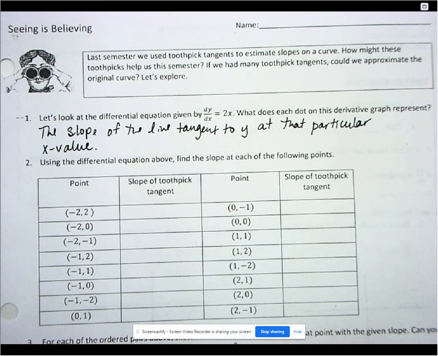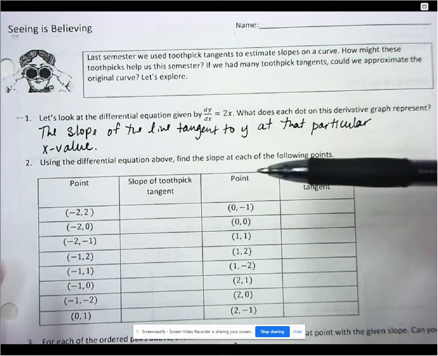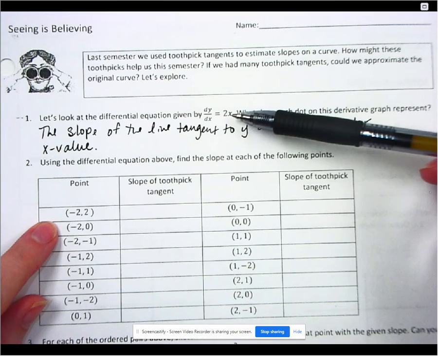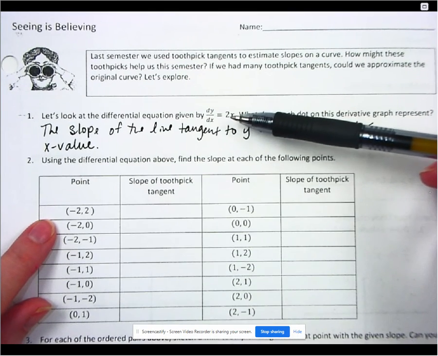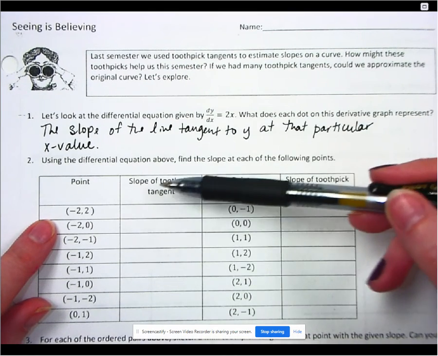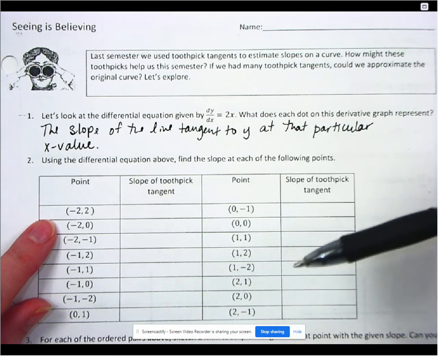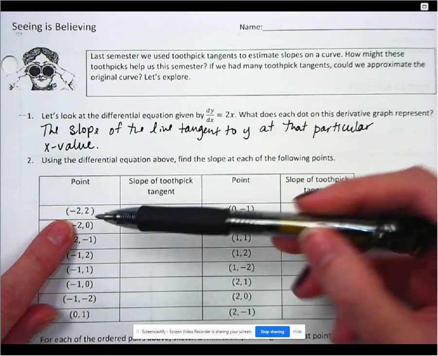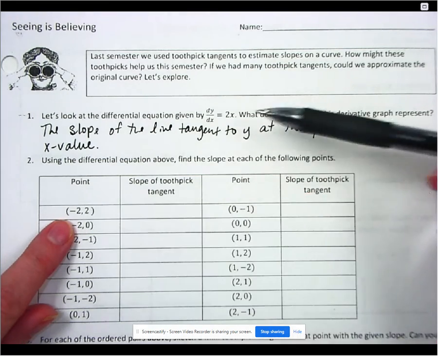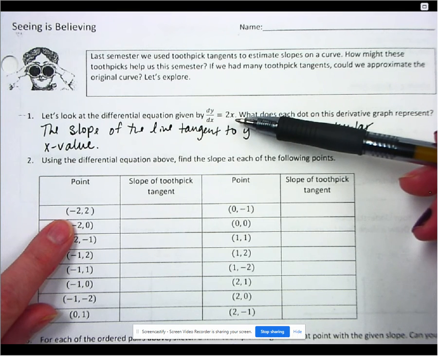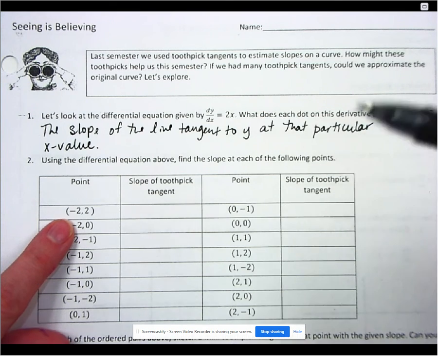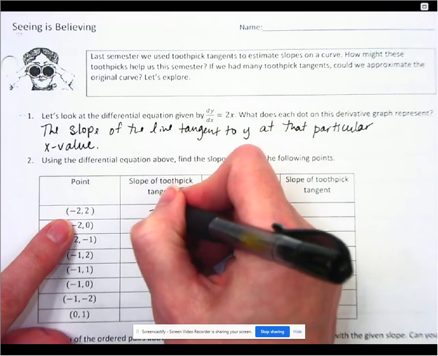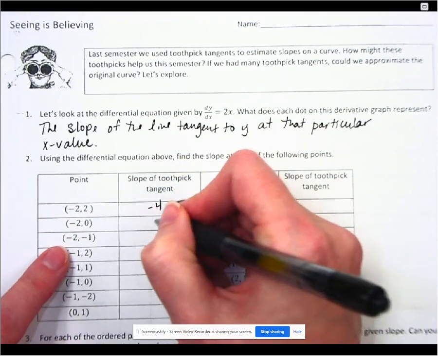All right. And so what we're going to do, I'm going to get you started and then you guys can do it. We're going to plug each one of these points into the differential equation and write down what you get. And what comes out of there is a slope. So for example, for the point -2, 2, we plug it in. We only have an x to plug it into. So it's 2 times -2, which would be -4. Same thing for this one.